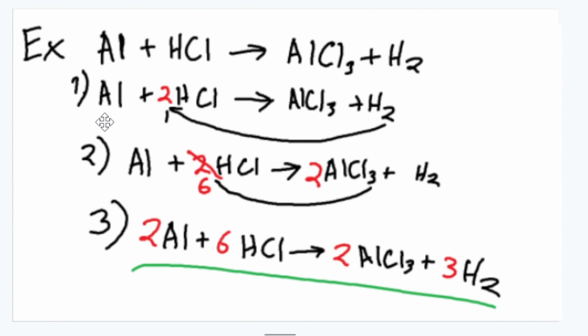So here's just an example. Aluminum has 1 on this side and 1 on this side, so nothing changes. If you look at the hydrogen, it has 1 here but 2 over here. So we bring another 2 and put it right in front of this element.